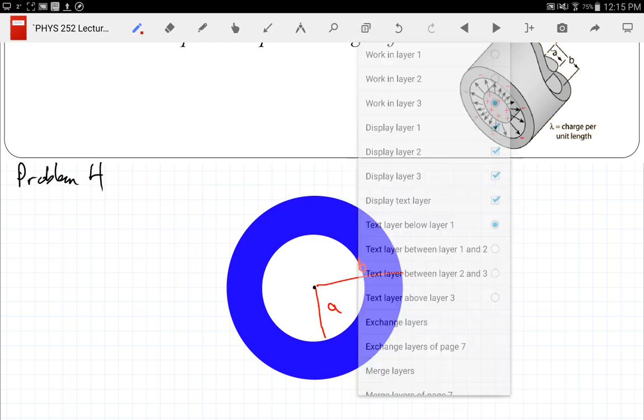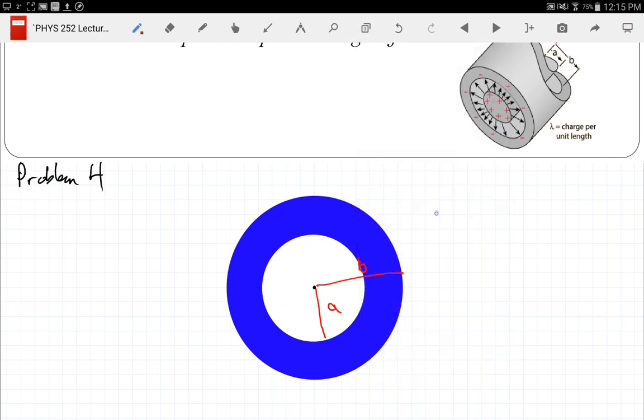Yeah, that's right. A charge density that is rho equals A e to the minus CR in cylindrical coordinates.